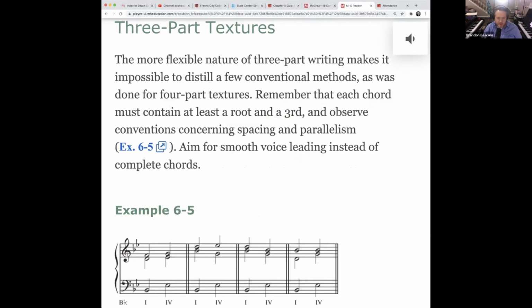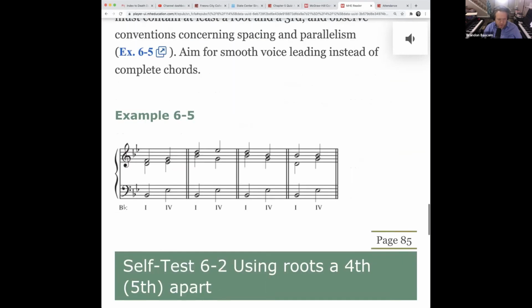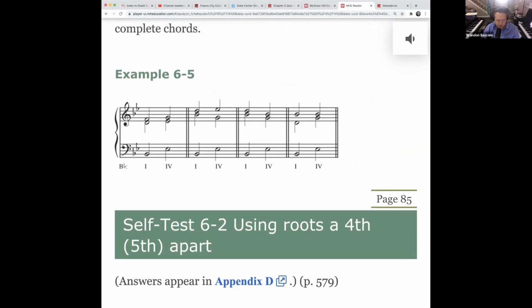So here's their example. We went from a 1 to a 4 in the key of B flat. So they gave us 4 different examples of 1 going to 4 in the key of B flat.